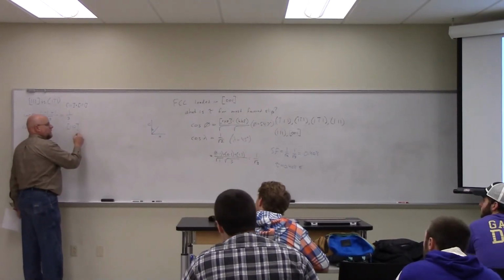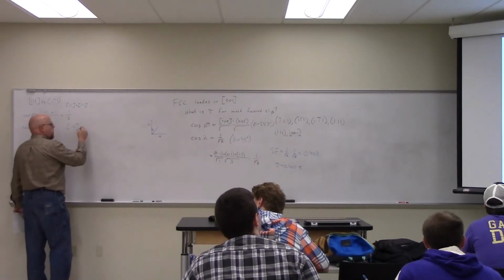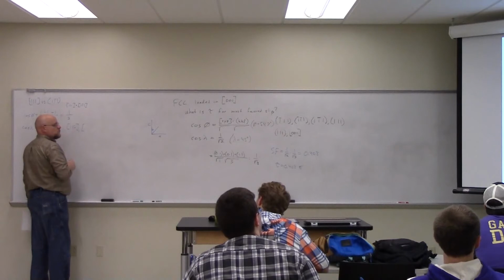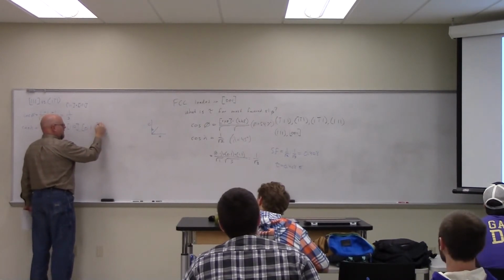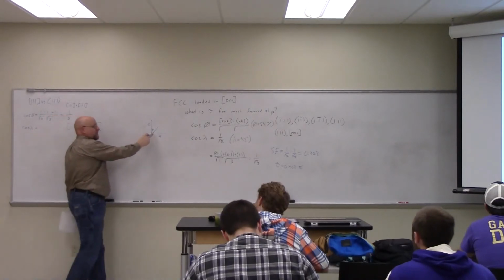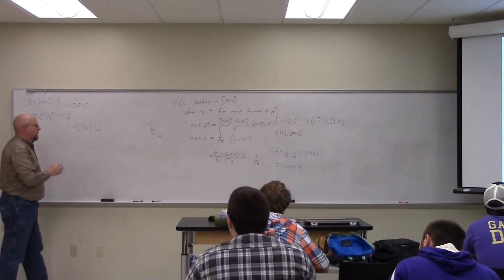Okay. Now let's do the one on the left side. 0, 1, bar 1, or 0, 1, 1. Remember, B is positive back into the board in the nomenclature we decided on.